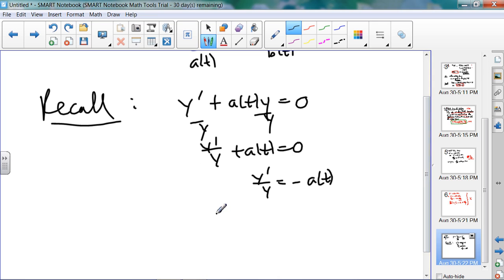What that allowed us to do is then to say, okay, the left-hand side is the derivative of ln of y. And the right-hand side doesn't have any y's anymore. So what I can do is just integrate both sides and then exponentiate and then get a solution.